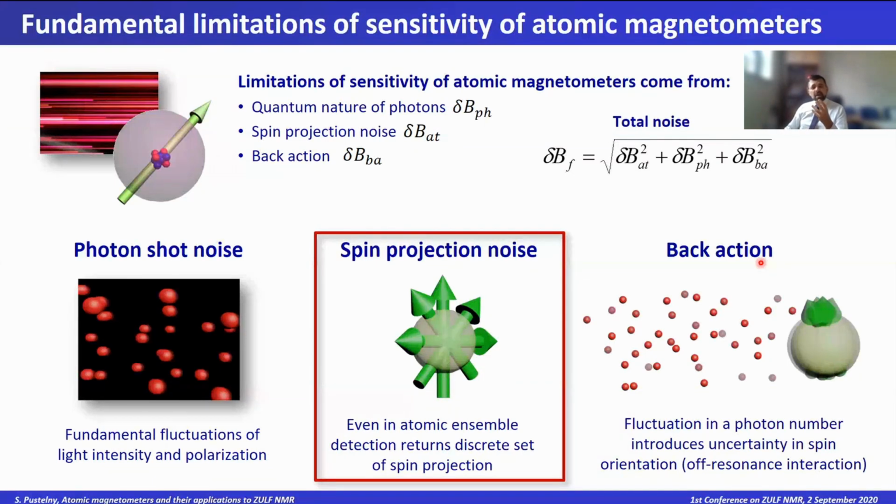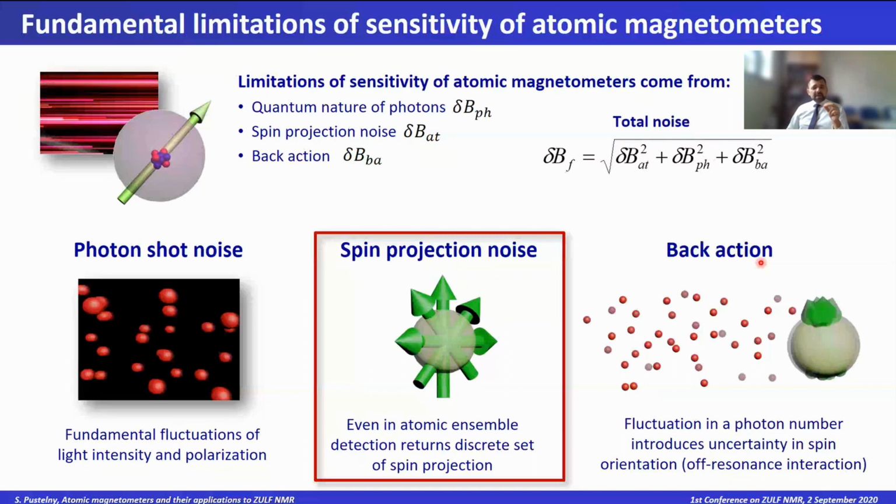And last but not least, we are talking about spins, and spin is a quantum property, so it is quantized in particular. So we cannot exactly say what the orientation of the spin is. There is some uncertainty stemming, for example, from the Heisenberg uncertainty principle. This is what we call the spin projection noise. So this is our fundamental inability to determine the orientation of spin in our samples.